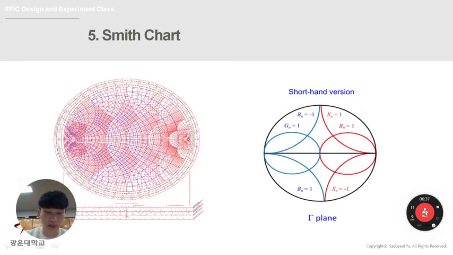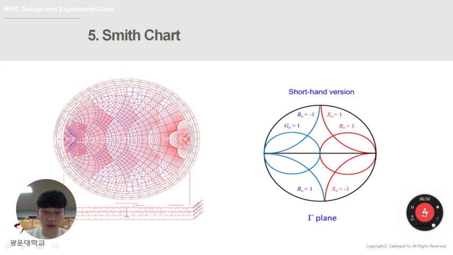The Smith chart is a chart created for convenient impedance matching of the transmission line. The diameter of the circle starting from the right means the real part, and the curve spreading from the right end means the imaginary part.